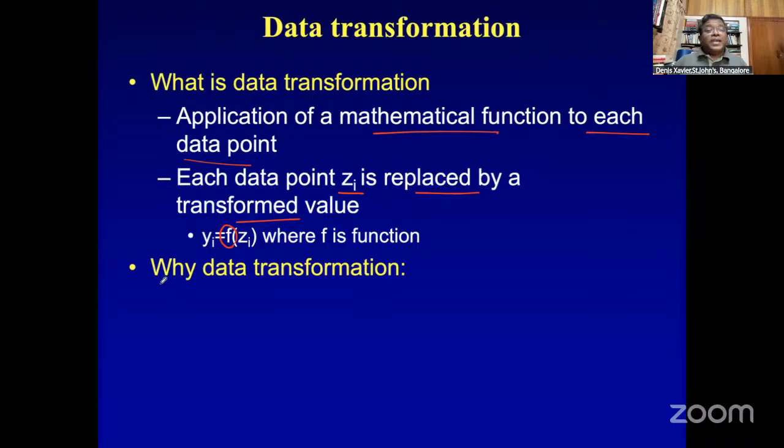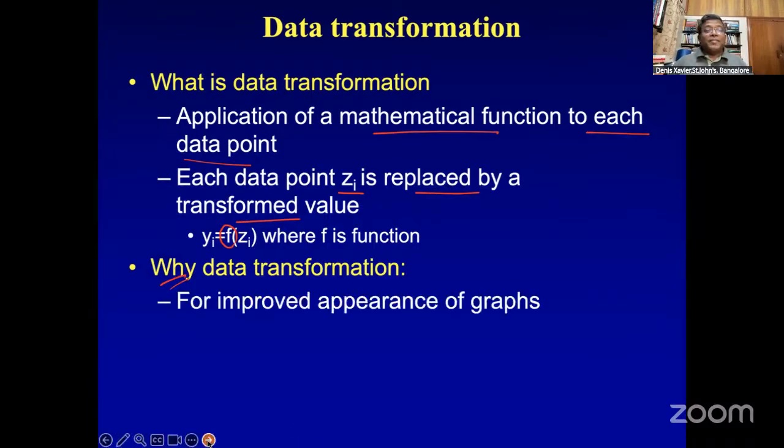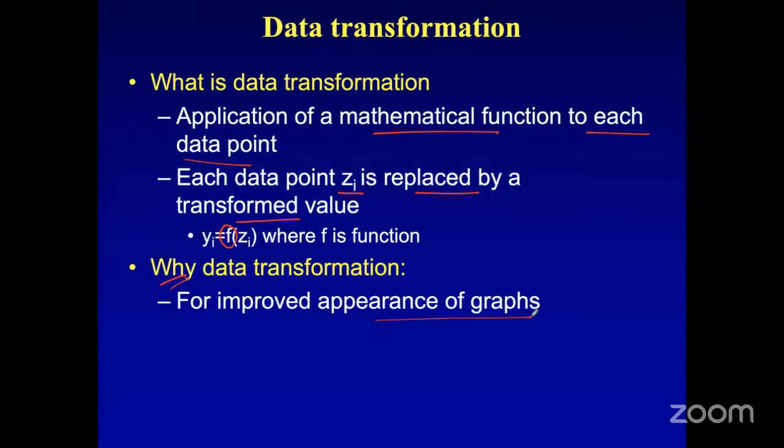Okay, why data transformation? Not only to impress statisticians, but why do we do that? For your graph to appear a little better. Do you all remember some time back, you log transform the data, you get a smoother curve. Has anybody told you that?